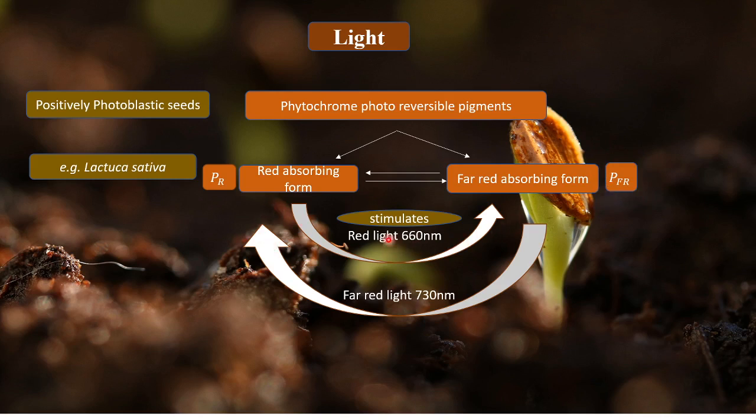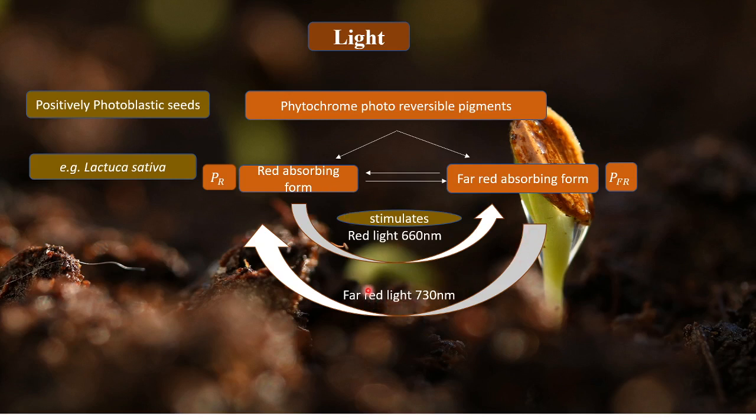For germination to happen, red light is important and PFR is important. So when the phytochrome pigment is in the PFR form, germination will happen, and that is caused by absorption of red light by the PR pigment. Correct?